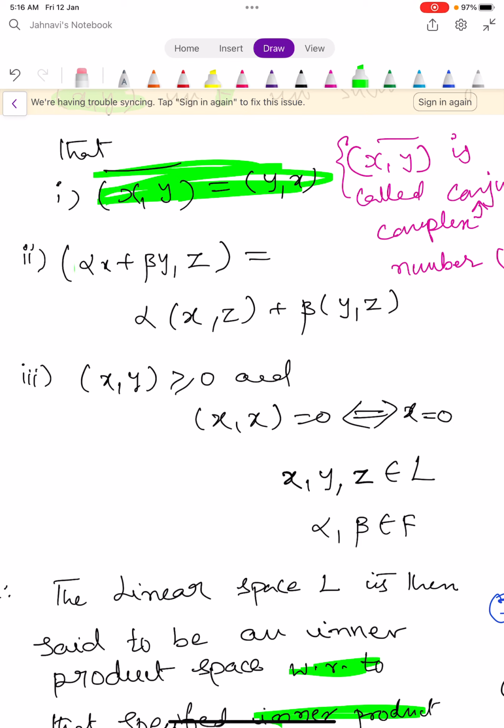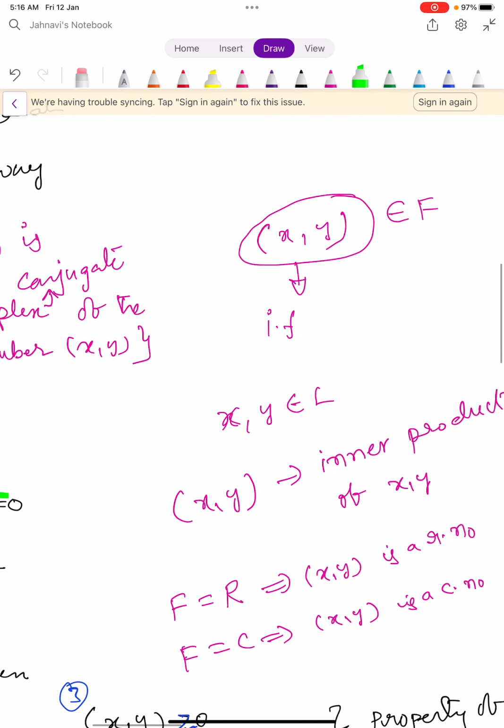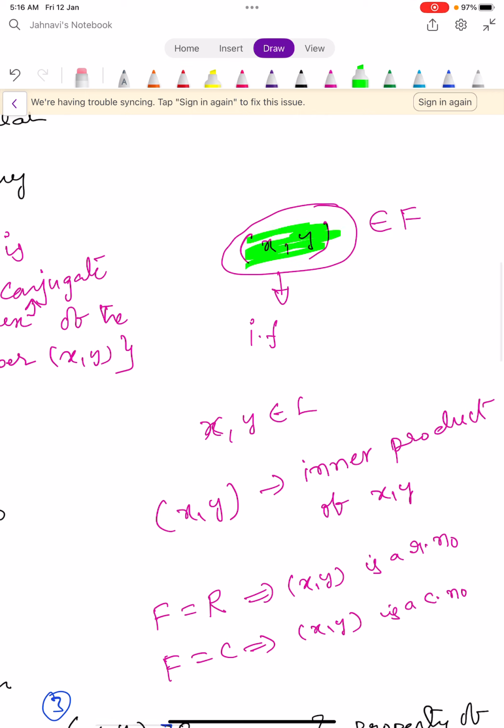Property number 2 is called the linear property. Property number 3 is called the property of non-negativity. And x comma y is read as the inner product of x comma y, not the ordered pair. In case of real numbers, it is a real number; in case of complex numbers, it is a complex number.